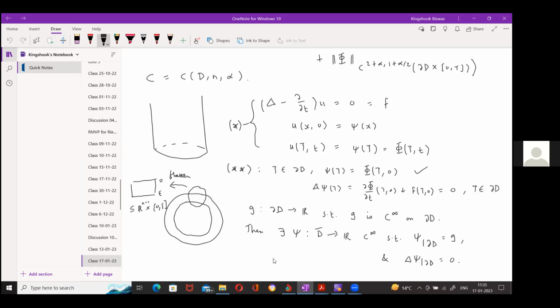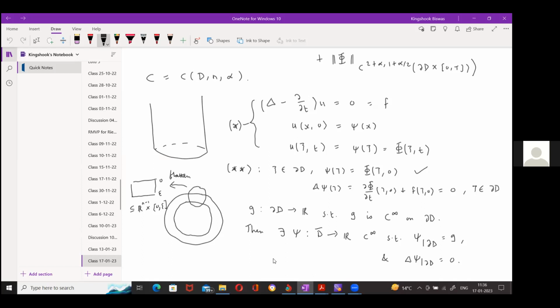The point is, when I look at the Laplacian here, on the boundary, how should I say this? Okay, so, well, we can do this without flattening.